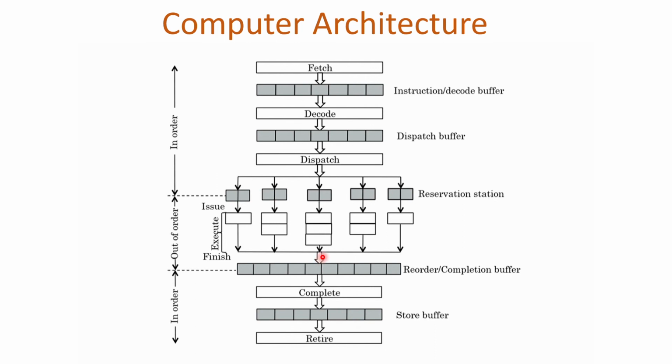So whatever order the instructions were dispatched in, the results will come back out of order, and these out of order instructions are reordered over here, and then basically it stores them in the memory location.